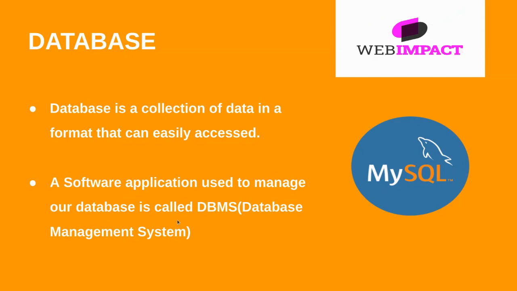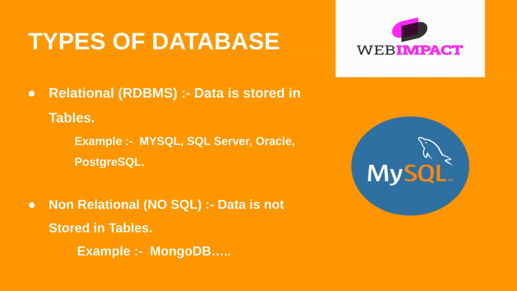So this is all about databases, but there are two types of database: relational and non-relational. A relational database is an RDBMS, where RDBMS stands for Relational Database Management System, and in this, data is stored in tables.